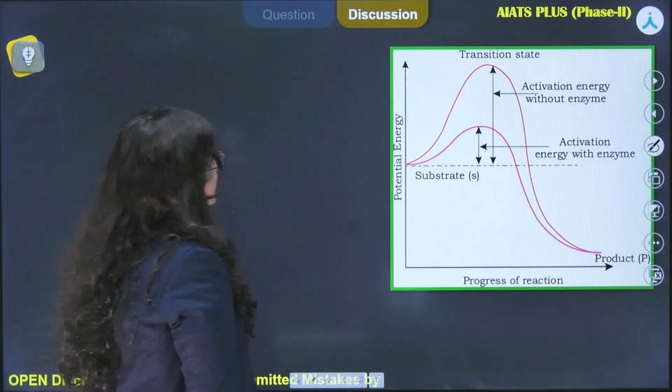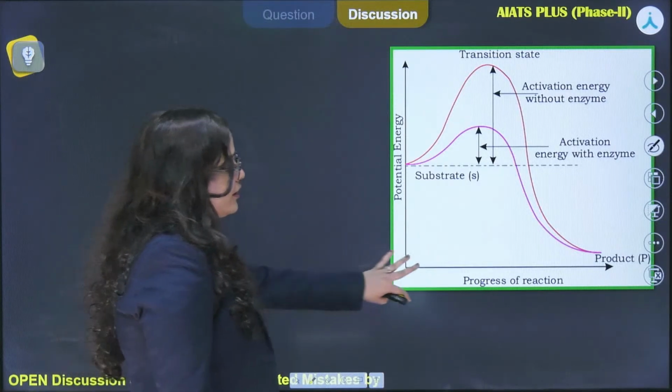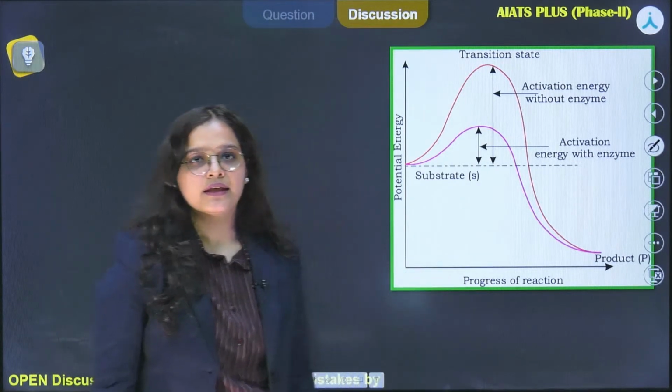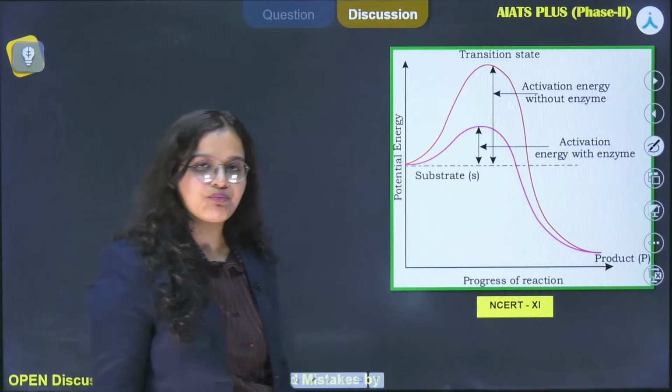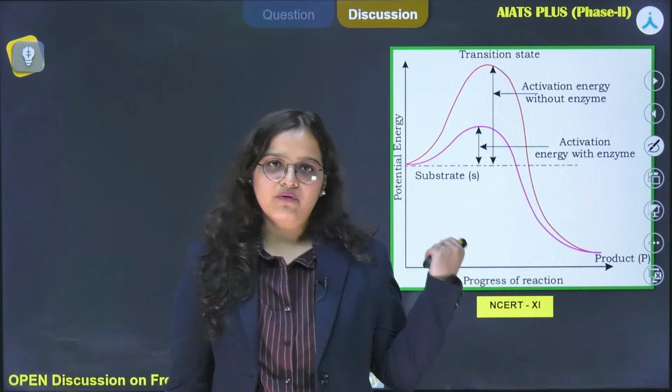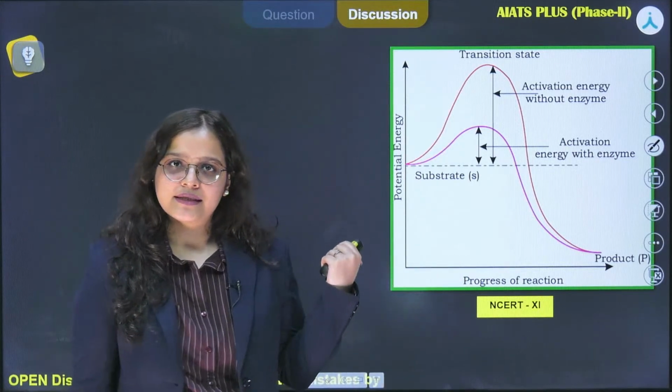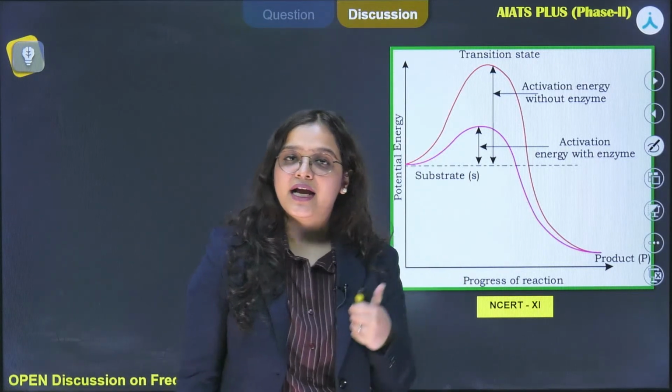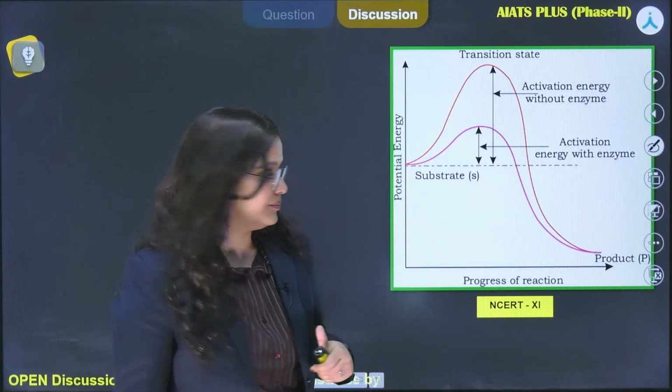And the figure here that you see on your screen is taken from the NCERT. So this is again a good example of how a figure based question can be asked and we can find it as a difficult question.